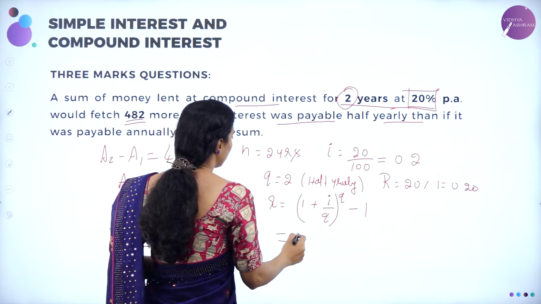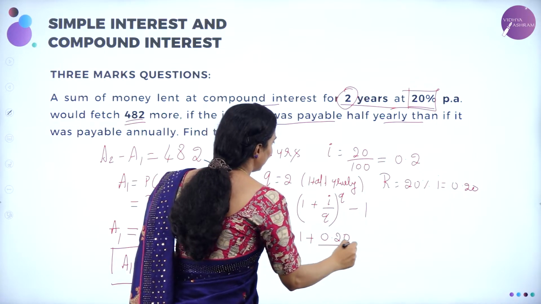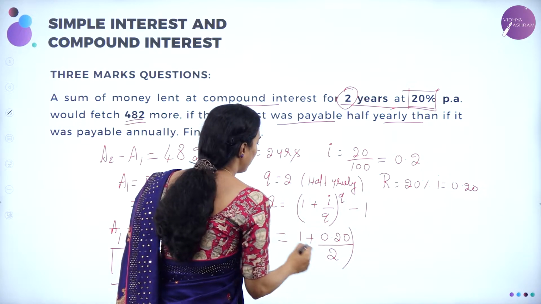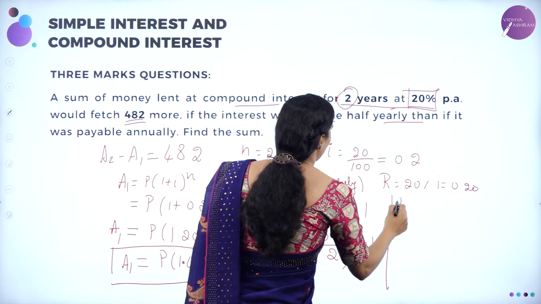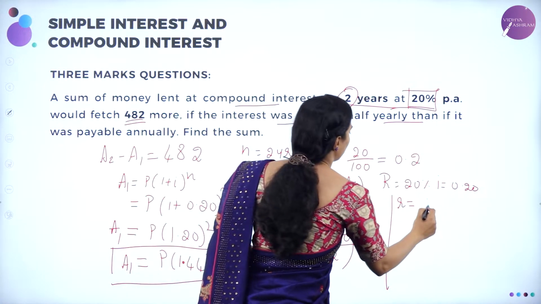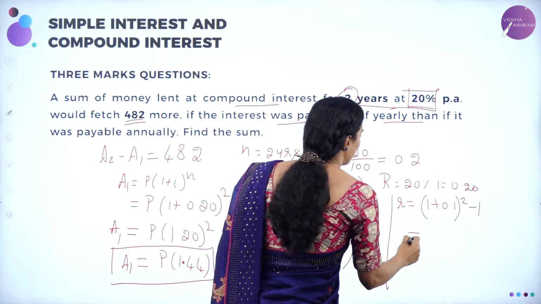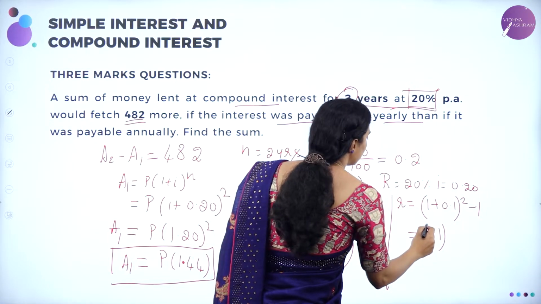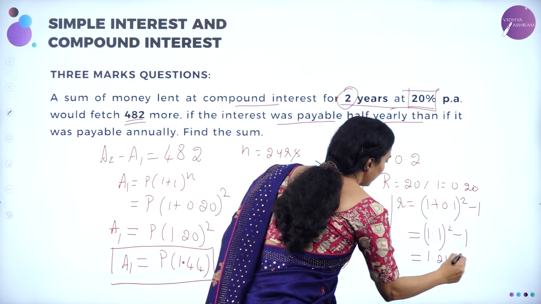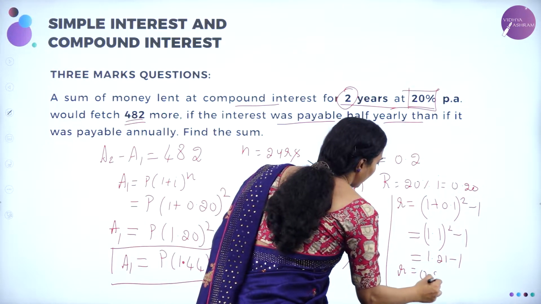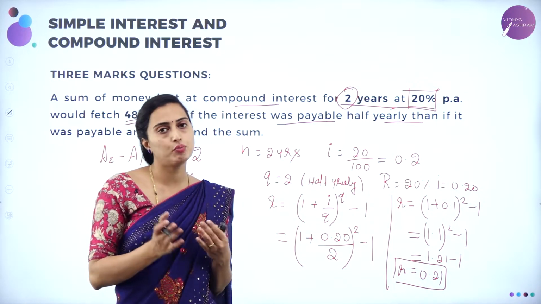So R is equal to 1 plus 0.20 divided by 2, whole to the power of 2, minus 1, which is 1.1 whole squared minus 1, which is 1.21 minus 1, so R is equal to 0.21. If you convert into percentage by multiplying by 100, you get 21%.